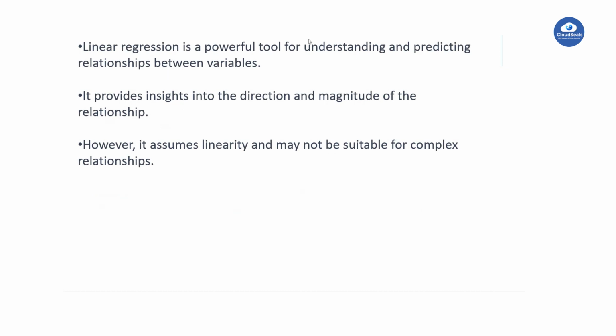Linear regression is a powerful tool for understanding and predicting relationships between variables. Why? Because the main assumption of linear regression is that there is some linear relationship between the two variables. Only if there is some relationship is linear regression useful to understand which type of relation the variables have.